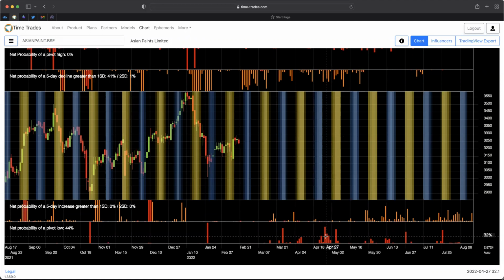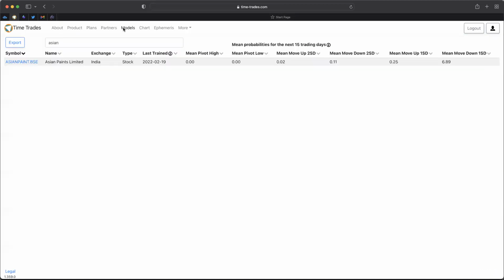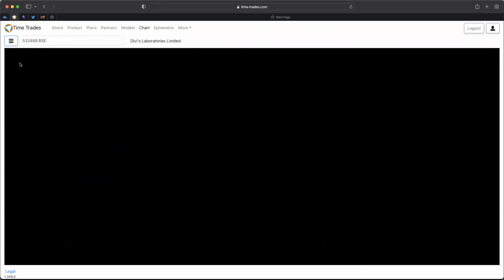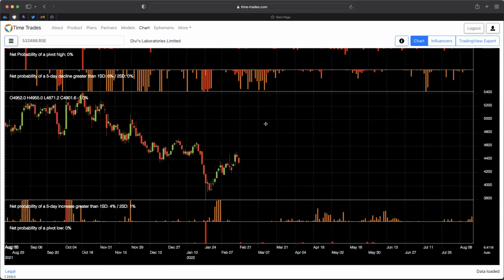Mid to late April looks like a good opportunity to do that, because we start to see the up pressure return in late May. And finally, let's take a look at DIVIS Labs. And DIVIS Labs has a pretty bearish forecast with a combination of both 1 and 2 standard deviation down moves here for the next month, really.